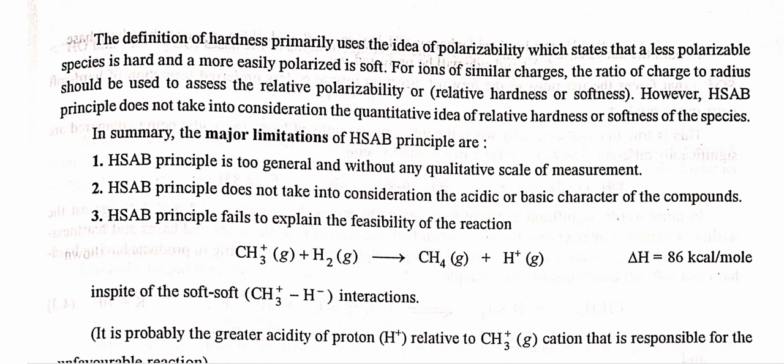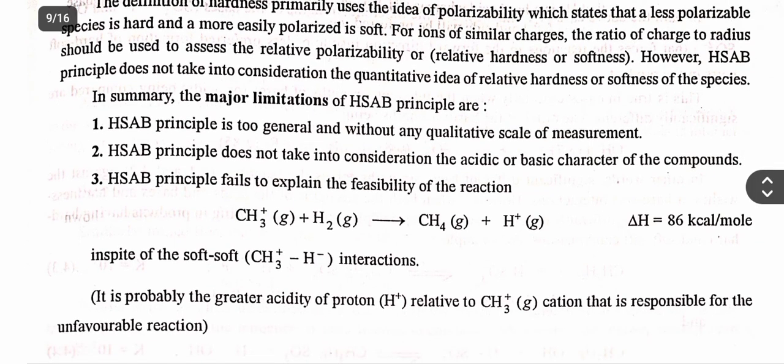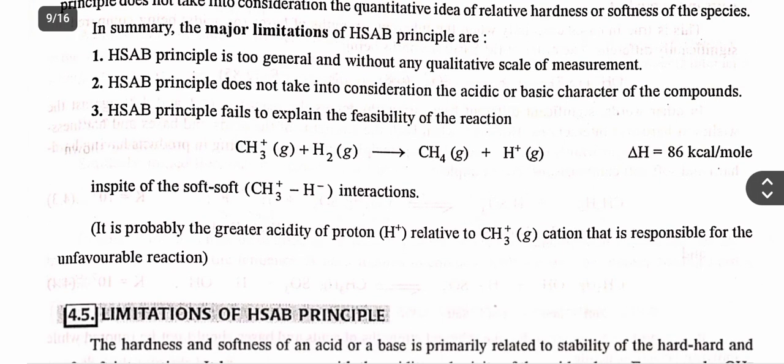In summary, the major limitations of the HSAB principle are: it is too general and without any quantitative scale of measurement. It does not take into consideration the acidic or basic character of the compound. It fails to explain the feasibility of the reaction in spite of soft interactions. It is probably the greater acidity of proton H+ relative to the CH3Hg+ cation that is responsible for the unfavorable reaction.